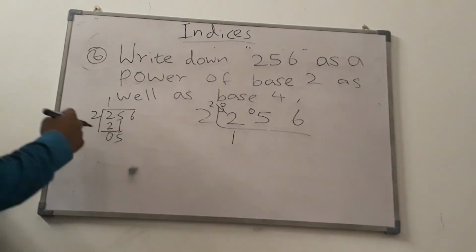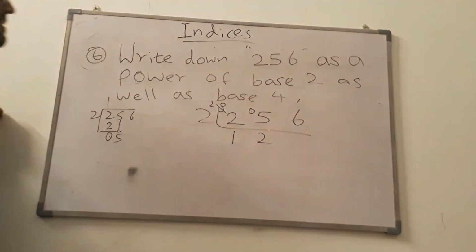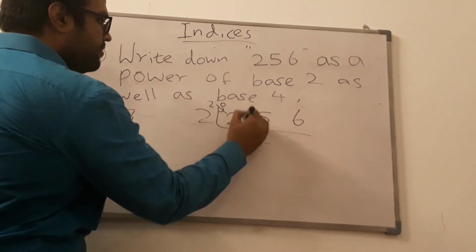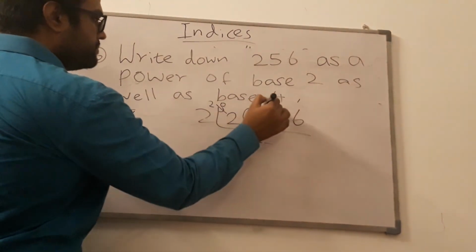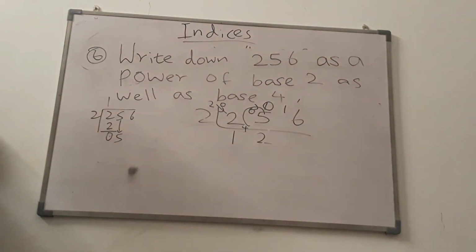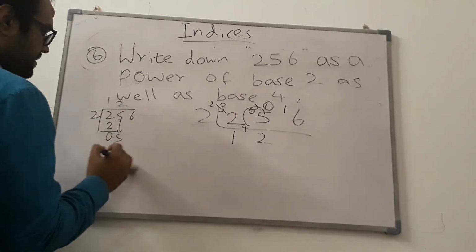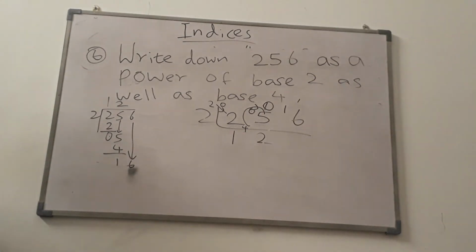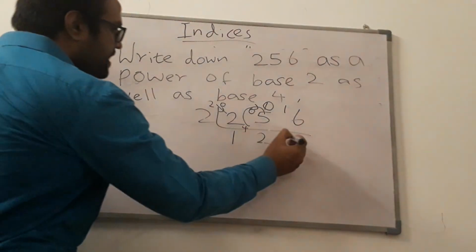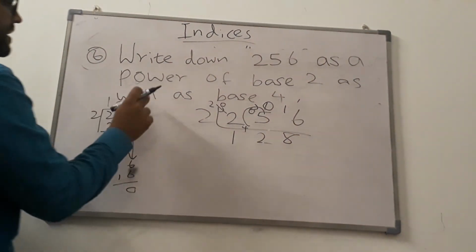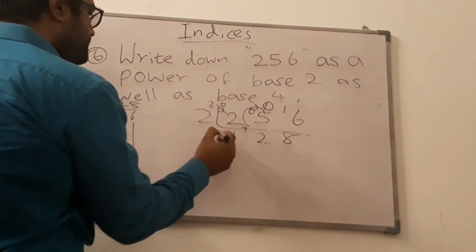How many 2's are there in 5? 2 times 2 is 4. 4 and 5, the gap is 1. So we write 1 in front of 6, making 16. 16 means how many 2's? 2 times 8 is 16. So 128 2's are there in 256.